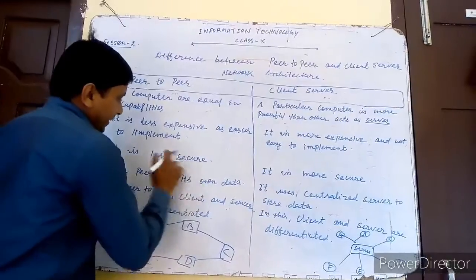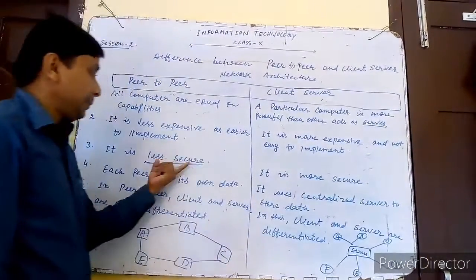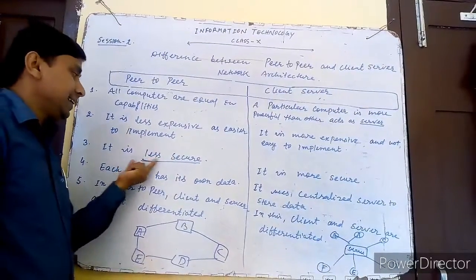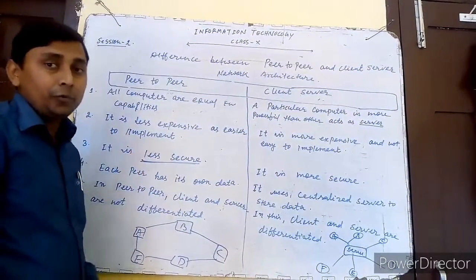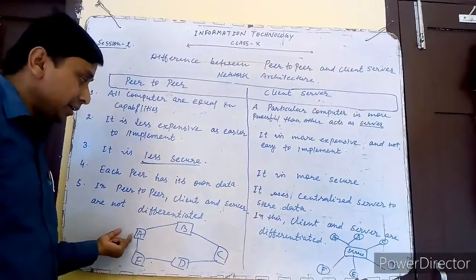You don't pay any extra hardware cost. Third, peer-to-peer is less secure. We can say that it is a disadvantage of peer-to-peer networks. How is it less secure? Because data is transmitted from one node to another.